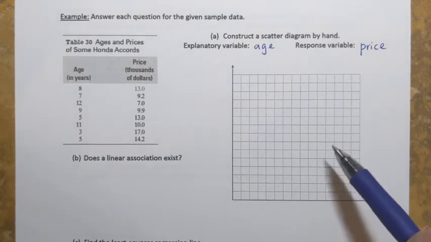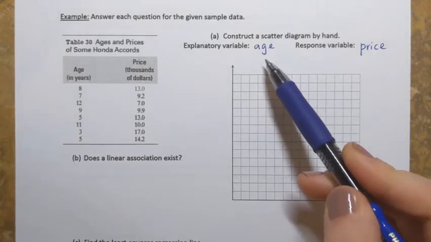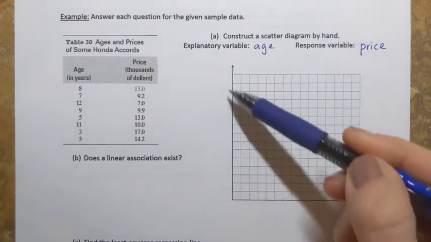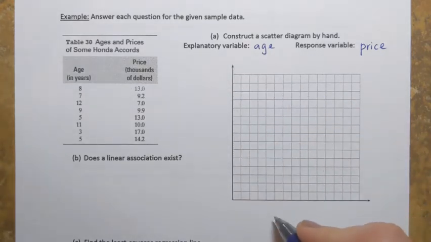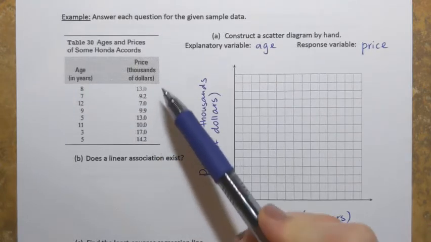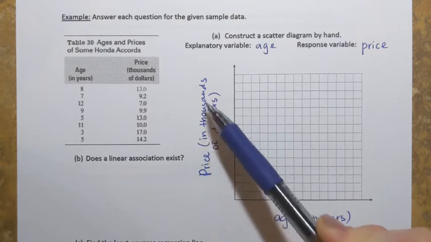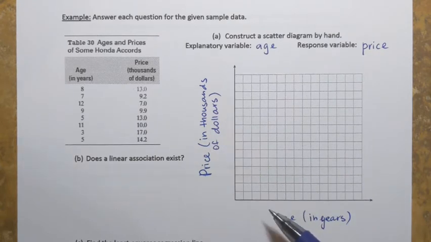When we construct a scatter diagram or scatter plot, the explanatory variable is always the horizontal axis and the response variable is the vertical axis. So here I'm going to label the horizontal axis age, and it's in years. And the vertical axis I labeled as price for the response variable in thousands of dollars. Now I need to number age.